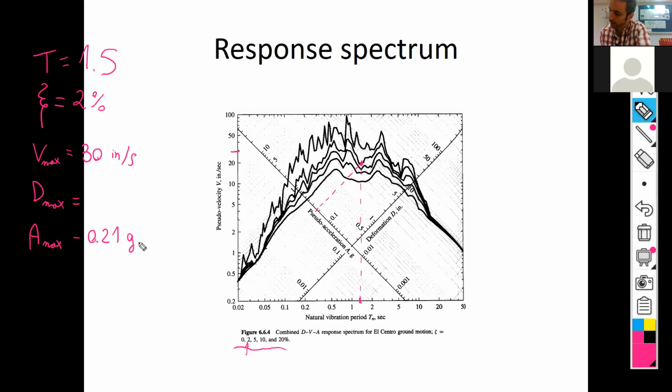Okay, and if I now read this value following the other diagonal, I will achieve a maximum displacement of 5 inches. Okay.